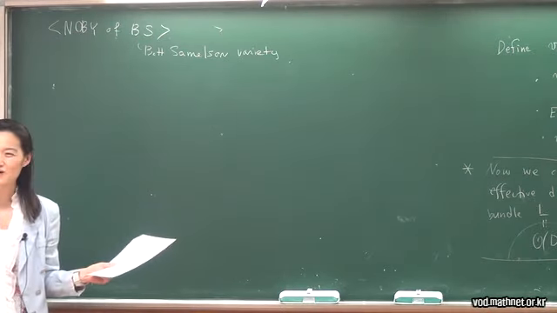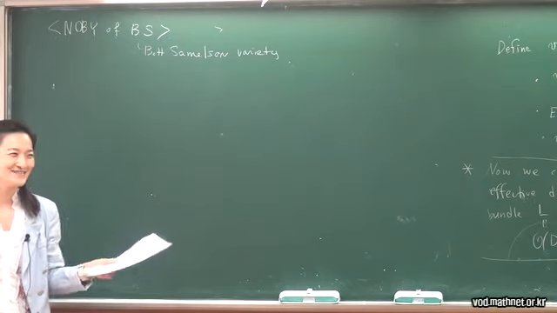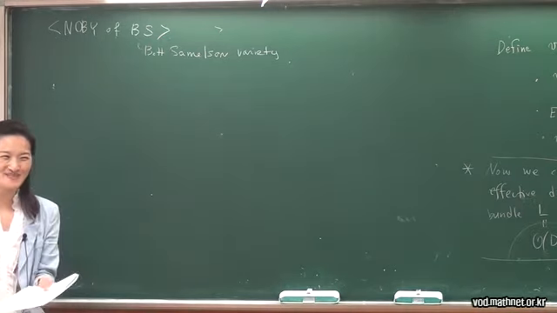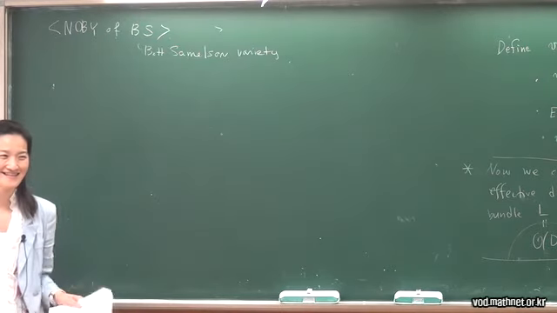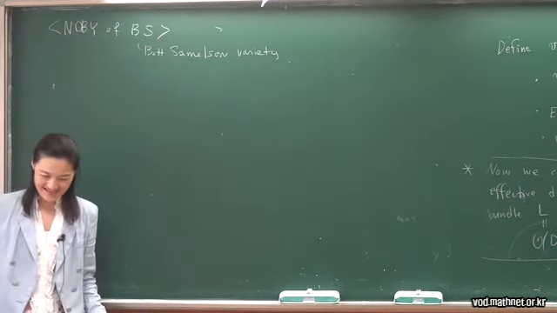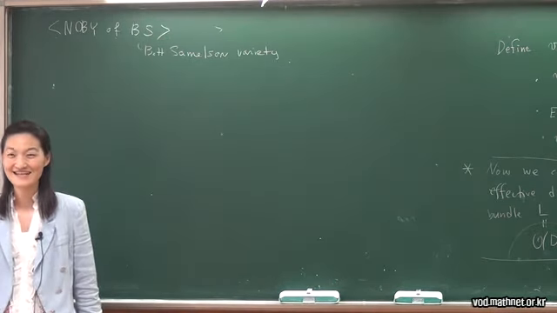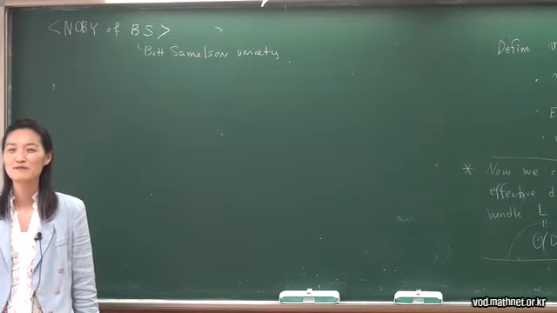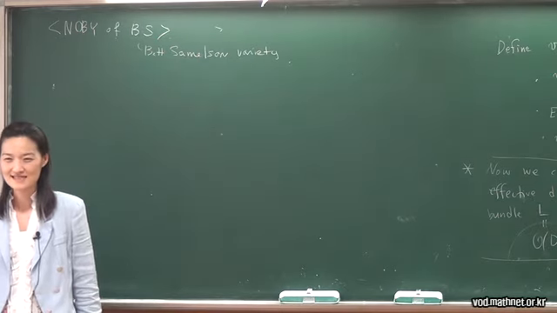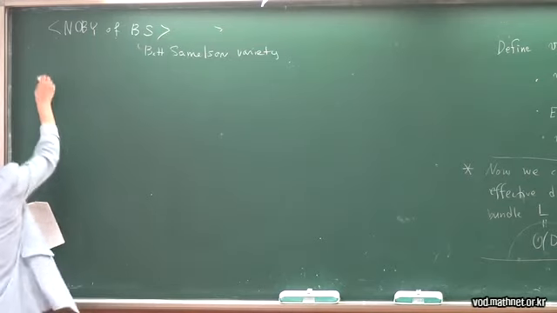Does everyone know what a Bott-Samelson variety is? Professor Sa is an expert. Bott-Samelson variety is defined using Lie theory. To make things clear, let me write all this notation.